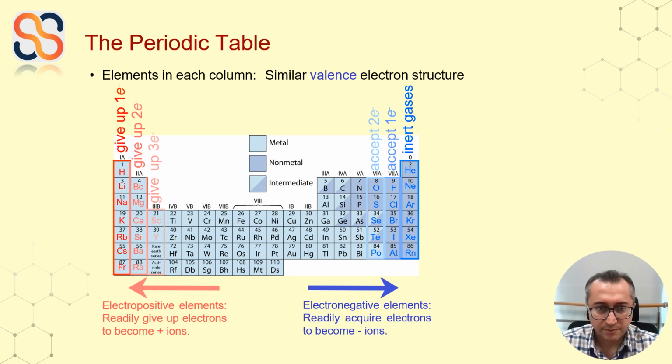Group 16 elements like oxygen will accept two electrons to form O2-. This trend continues with some elements willing to give up three electrons or more, while others will accept multiple electrons to achieve a stable electron configuration.